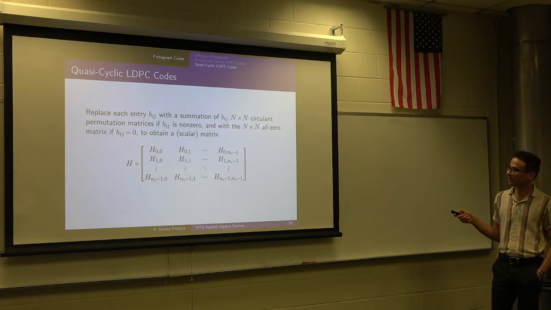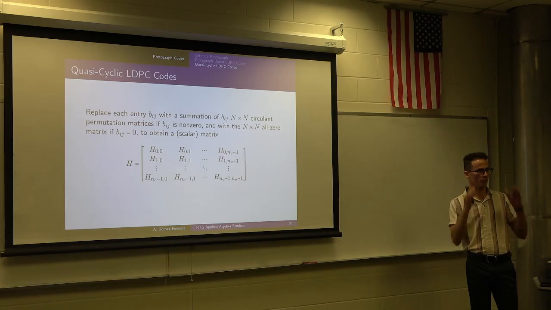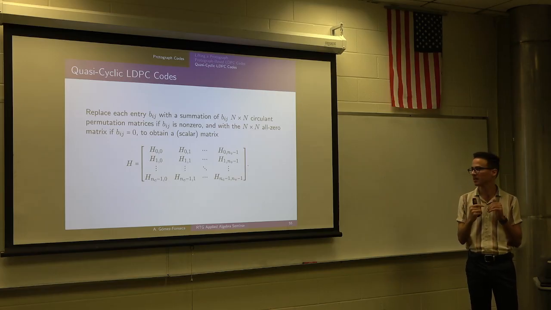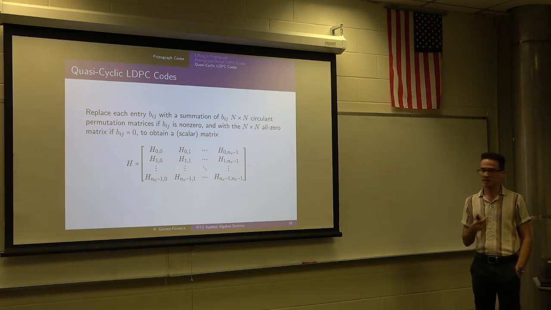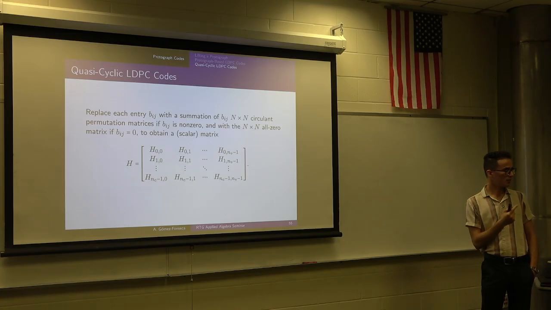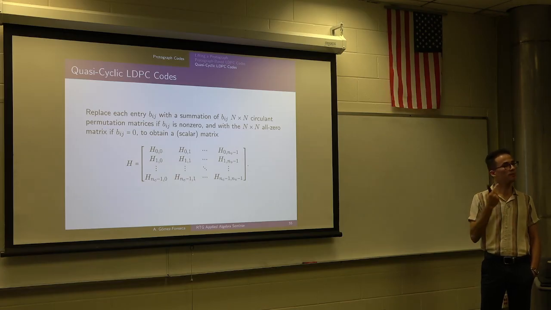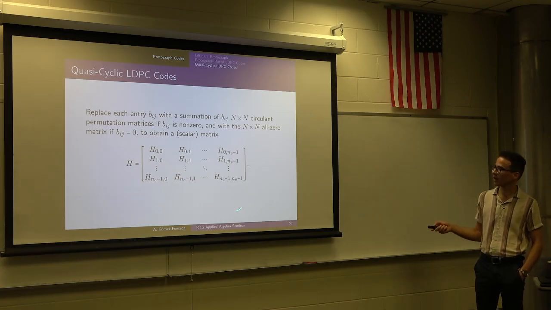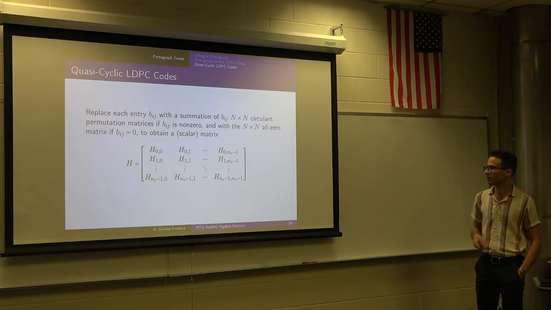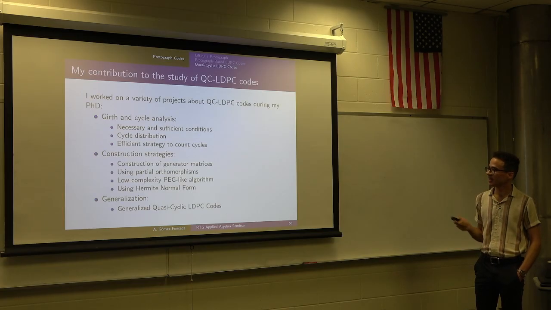An n by n circulant matrix is a matrix where you have the first row, and the second row is the same row cyclically shifted one position either to the left or to the right. Then you continue constructing the rows in that way, circularly shifting the previous one by one position. So now these matrices are circulant permutation matrices.